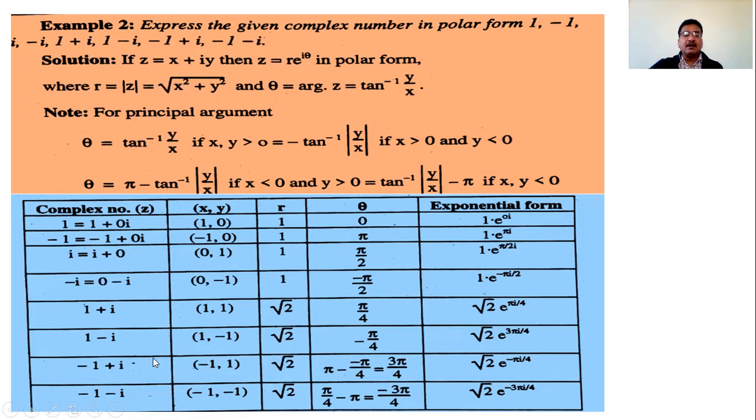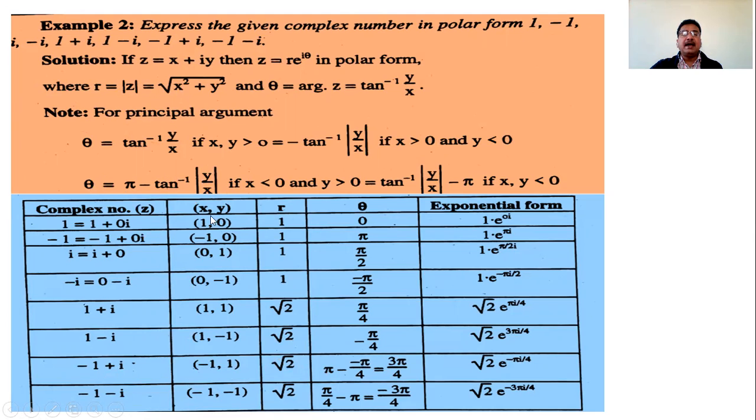And then here x is negative. Real part is negative and imaginary part y is positive. So use this definition: theta is equal to pi minus tan inverse mod y by x. So what is theta for this?